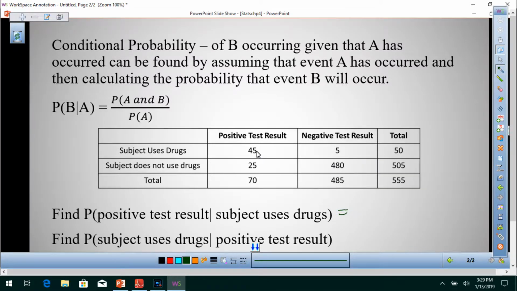That would be 45. So we'd have 45 over, and then the subject uses drugs, so that would be 45 over 50, which is 0.900.